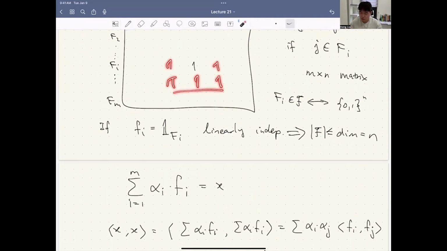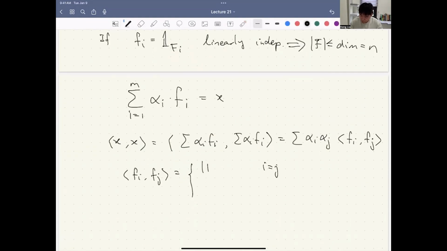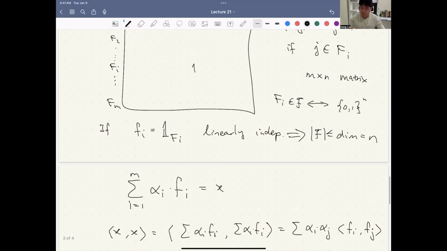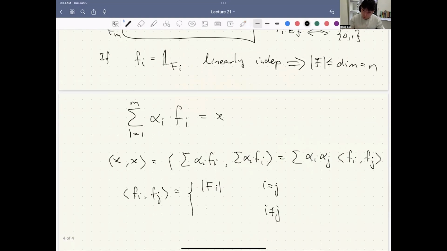How many ones? Well, the size of the set. So if they are equal, this is just the size of the set Fi. If they're not equal, what do I know? I know that these two sets intersect at exactly one element. That means there's only one position where they share a one. In the other positions, when one has a one, the other must have 0, meaning the inner product of their characteristic vectors is exactly 1. So this equals 1.